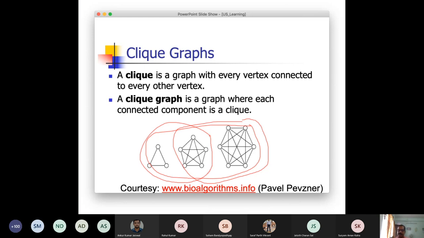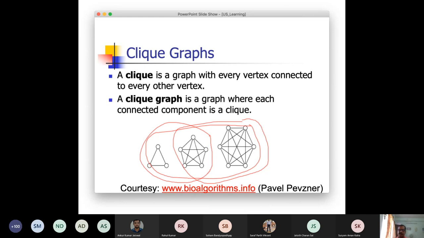So if the distance value is less than a certain threshold, then you define the edges between data points. So every data point corresponds to a vertex in that representation, and every edge between a pair of data points is established if the distance is less than a certain threshold. In this way, you form a distance graph. We call it a distance graph.